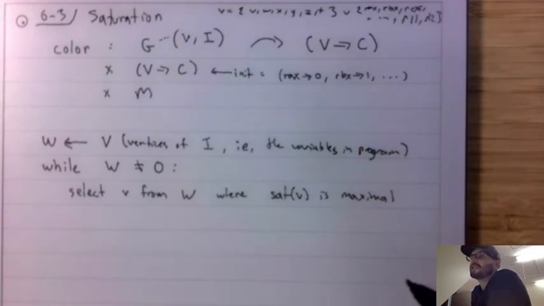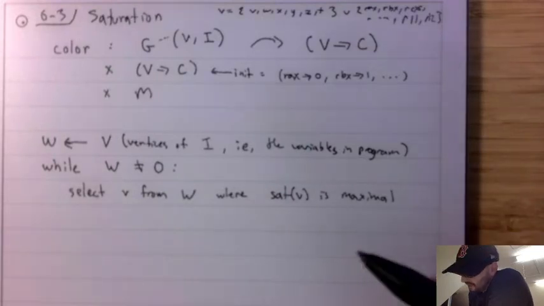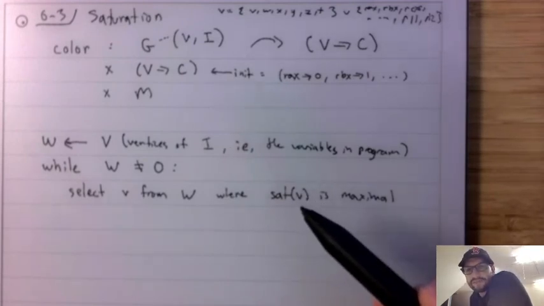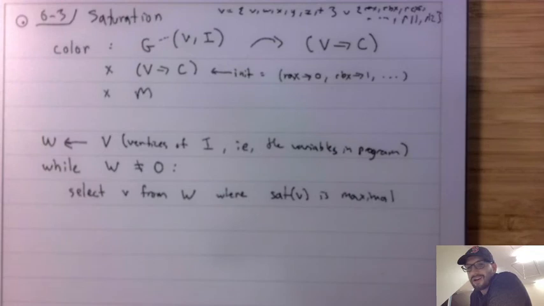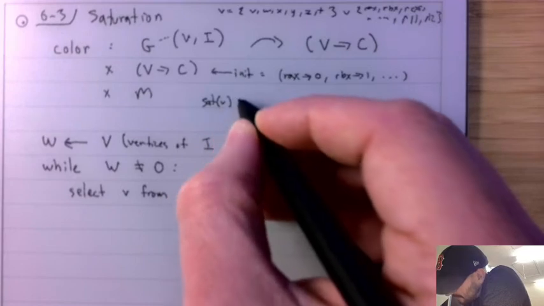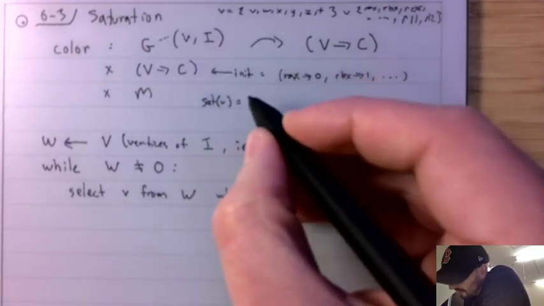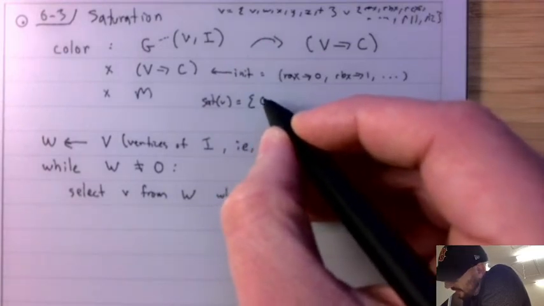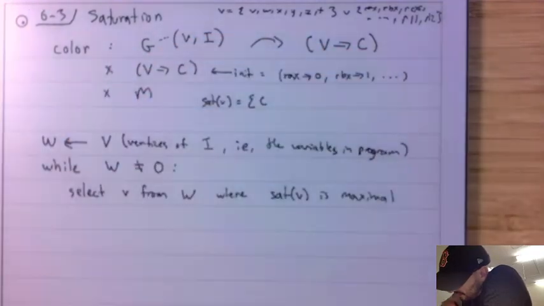We're going to define what the saturation is in a moment. Actually, I guess I'll just say what it is. The saturation of V is all the registers that you're not allowed to use. Yeah, I feel like I need to name these things.